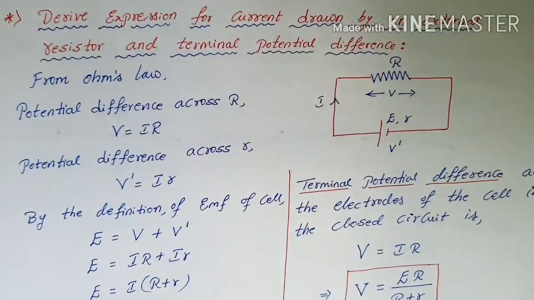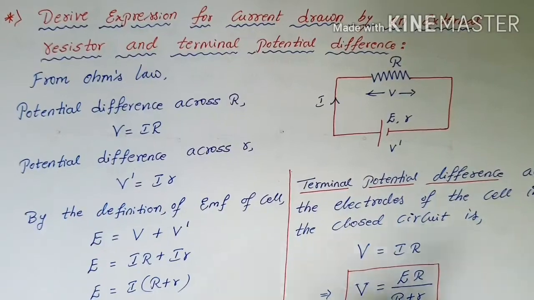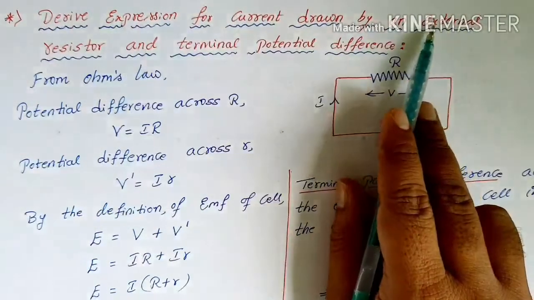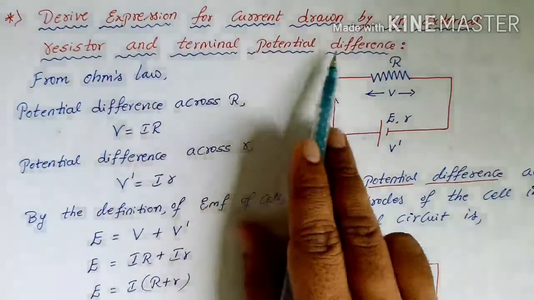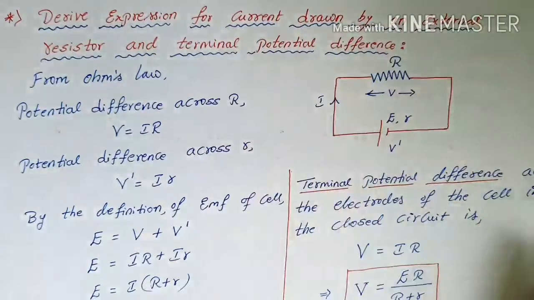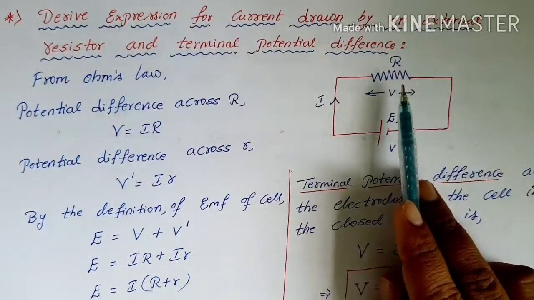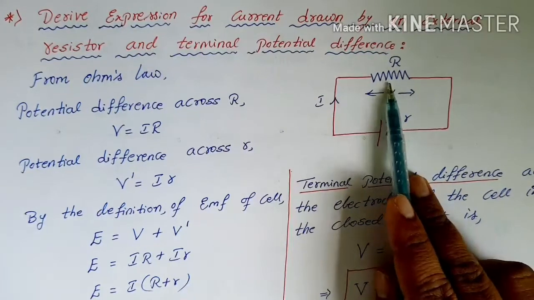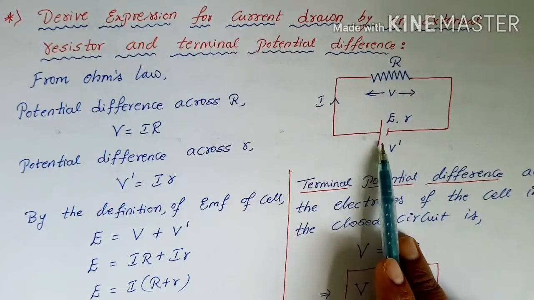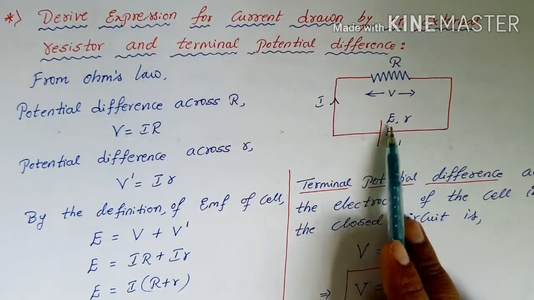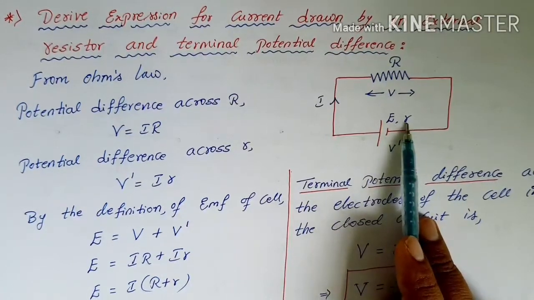Now let's discuss one small derivation which gives the expression for current drawn by an external resistance and a terminal potential difference. We have to derive it. You can observe here a simple circuit which has an external resistance connected to a battery or a cell of an EMF E and internal resistance r.